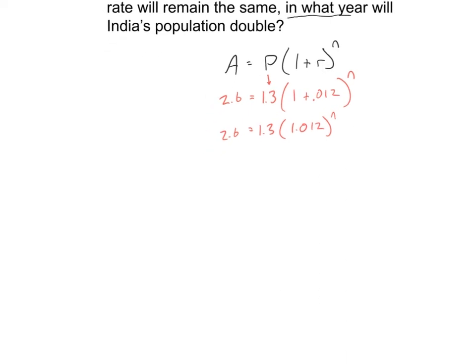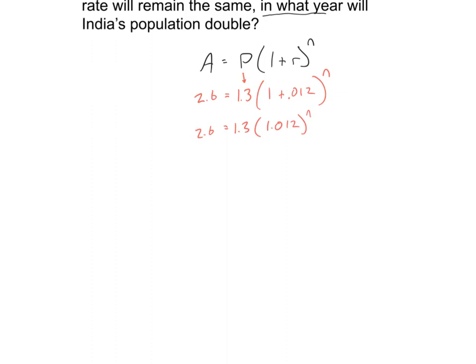This exponent, the n exponent, is only stuck to the 1.012. It would be incorrect to multiply the 1.3 in. So what we do is we divide both sides by 1.3. That's how we undo that multiplication.